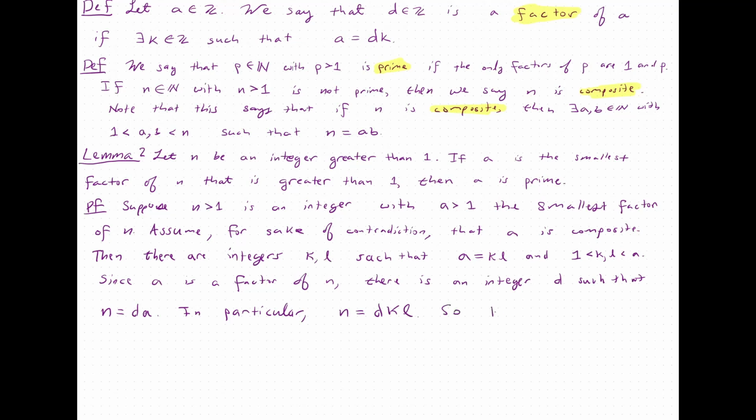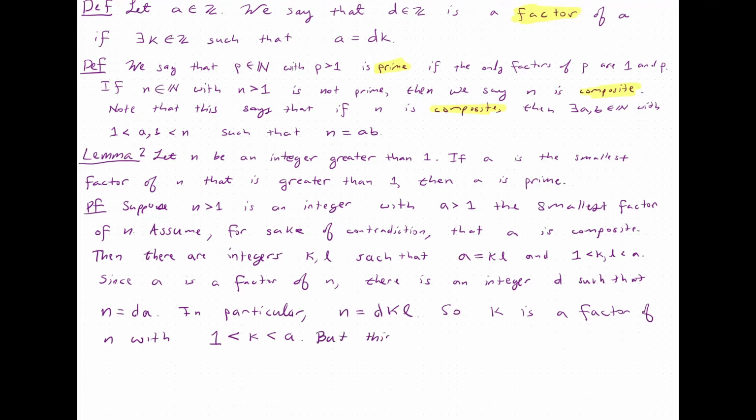So k is a factor of n with 1 less than k, which is less than a. But this is a contradiction, because now we have that k is a smaller factor of n than a.